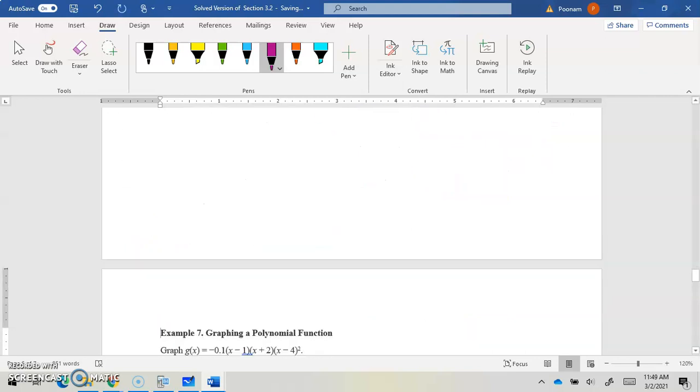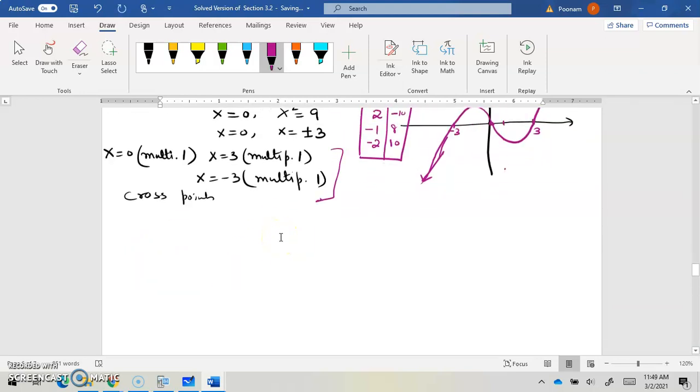Now we have the graph goes down on the left. It passes through negative 3. At negative 2 its value is 10. At negative 1 its value is 8.